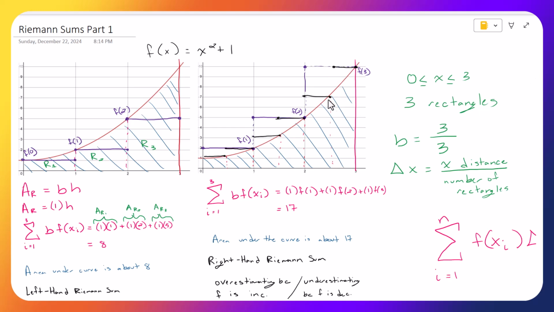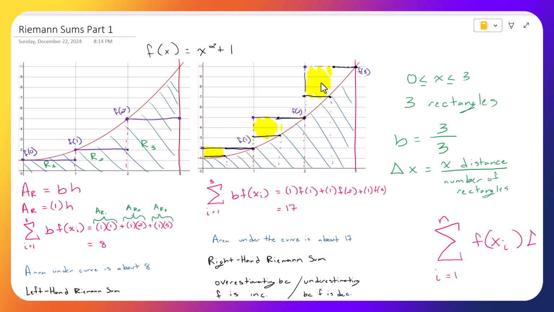But I have my 6 rectangles, 1, 2, 3, 4, 5, 6. And something I'm going to immediately point out is if we look at our second one, look at all this space. I'll highlight it yellow. All that yellow space is no longer part of our approximation. We just lost all that extra stuff.